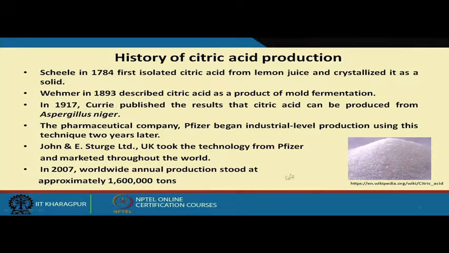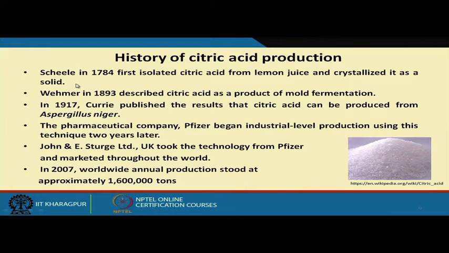Now, if you look at the history, it is very interesting. Scheele in 1784 first isolated citric acid from lemon juice. We know lemon juice contents are called citrus fruit. So the citrus name is coming from citric acid, and he crystallized it as a solid.